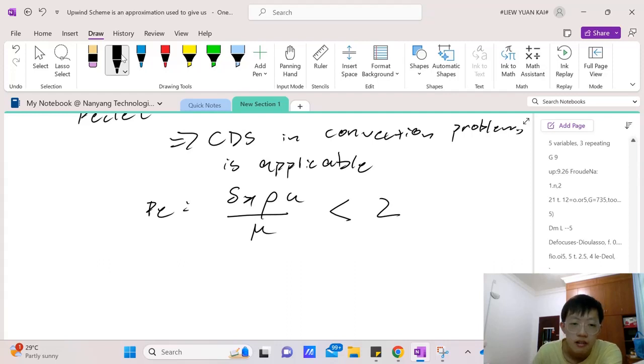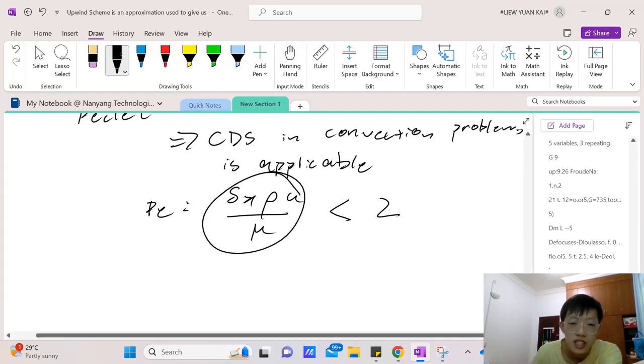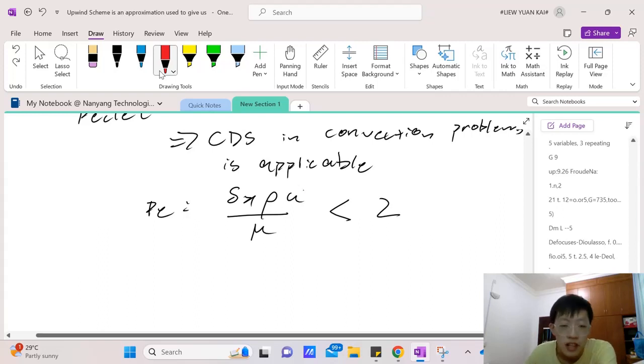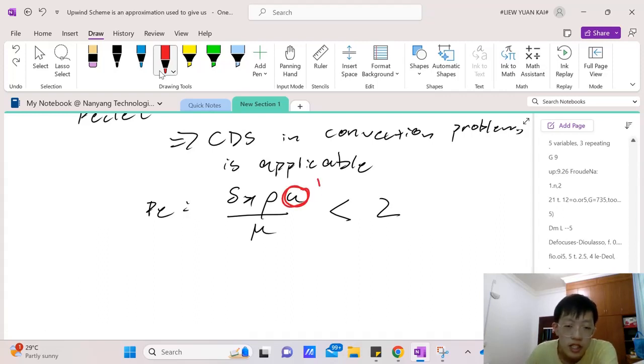So let's investigate the Peclet number. How do I make this quantity less than 2? Well, the two obvious ways are, number one, reducing the wind speed, which we already talked about. If your wind speed is low, then the most likely way phi, the fart concentration, will reach you is by diffusion.